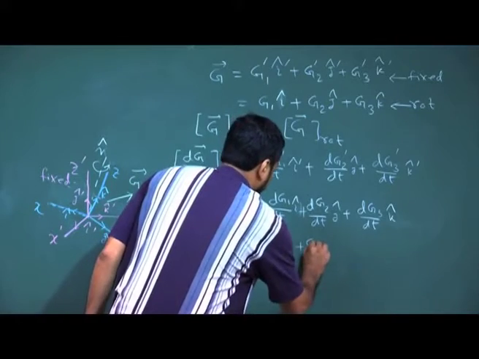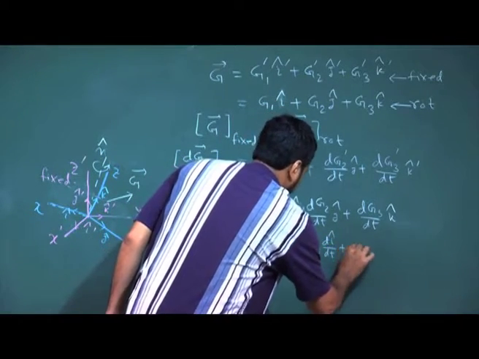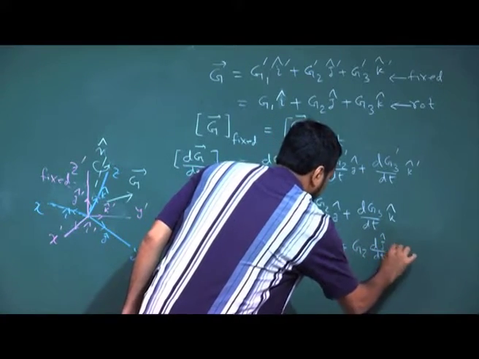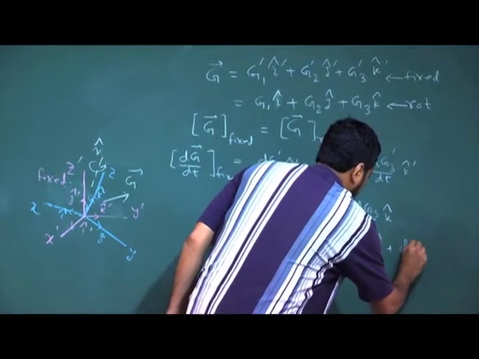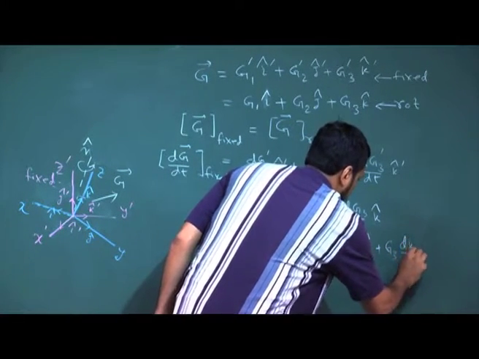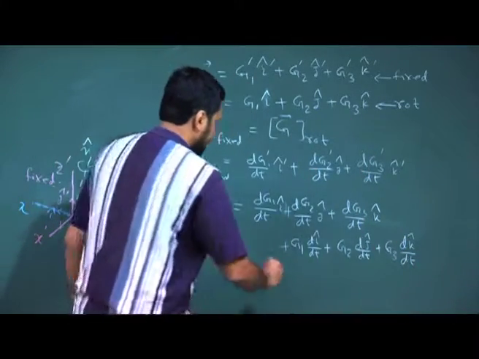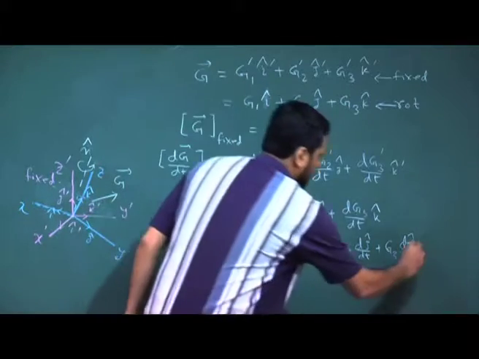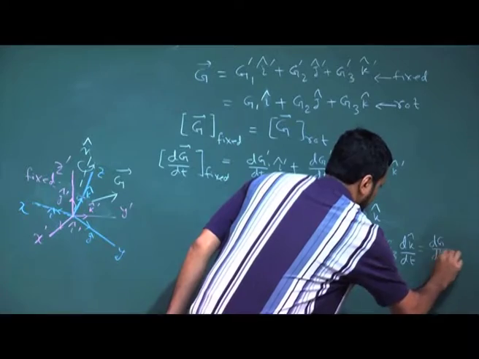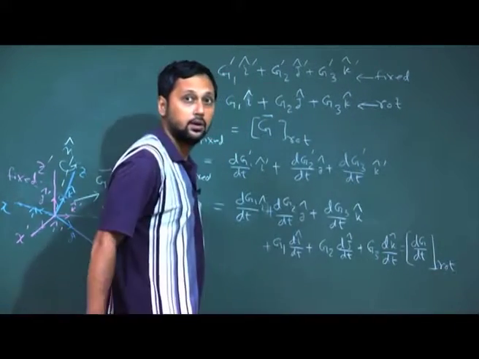So we have G1 di cap/dt plus G2 dj cap/dt plus G3 dk cap/dt, and this is equal to dG/dt rot.